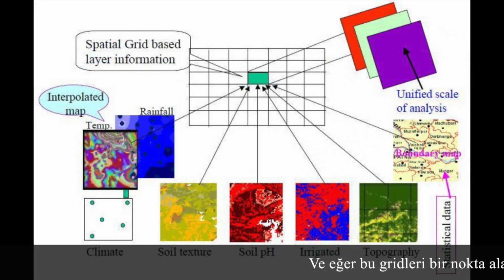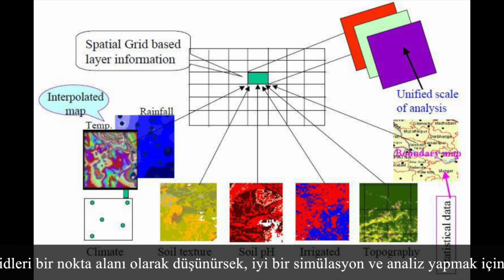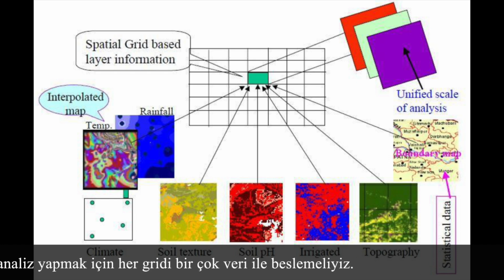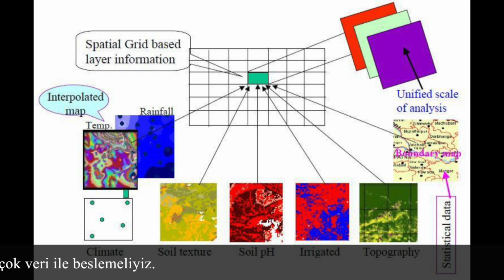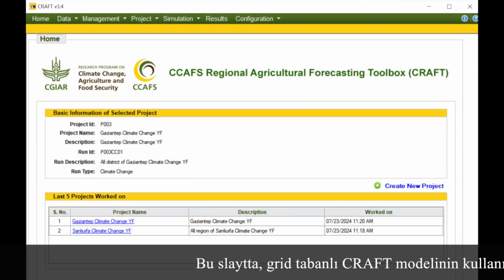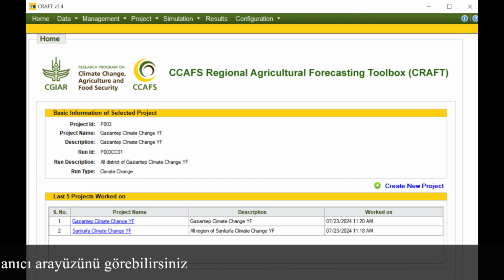And if we think of this grid as a point field, we need to feed every grid with a lot of data to do a good simulation and analysis. In this slide, you can also see the user interface of the grid-based CRAFT model.